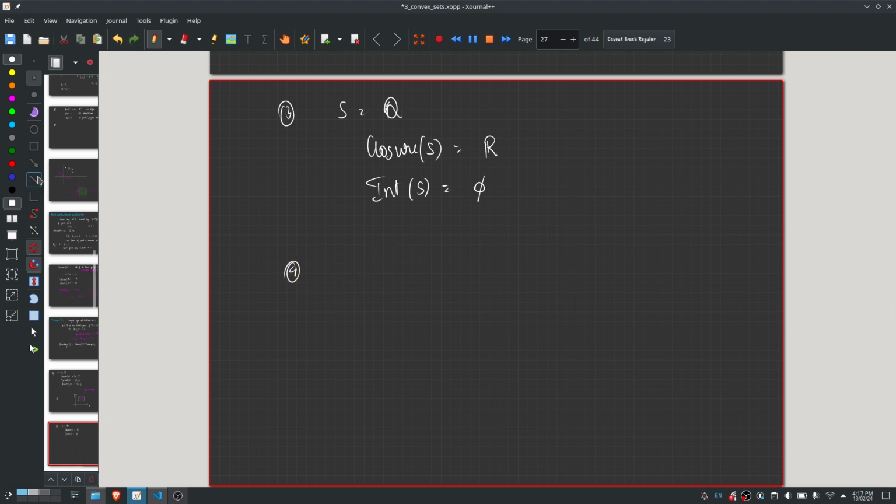Let me take R2. But in R2, I want to consider some line segment. What would be the closure?